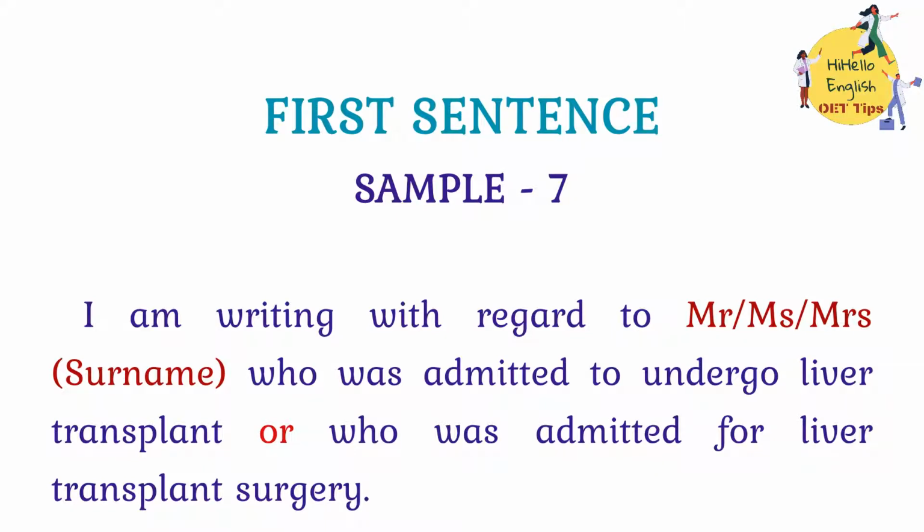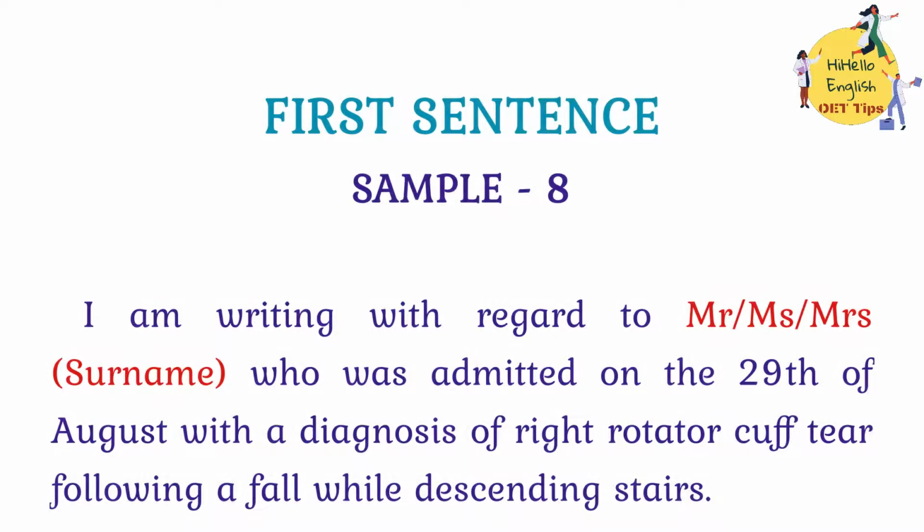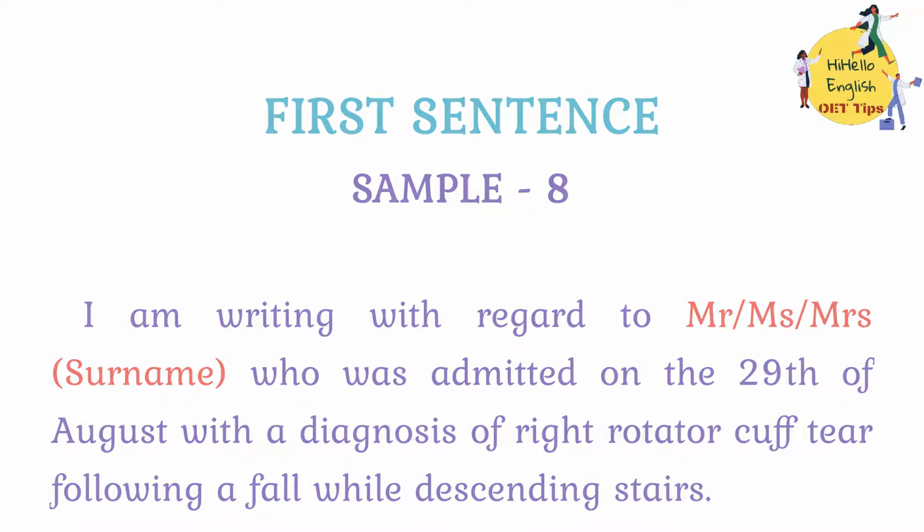In case it is required to tell about the reason for admission in the introductory paragraph, you can begin like, I'm writing with regard to Mr., Miss, Mrs., then the surname comes, who was admitted on the 29th of August with a diagnosis of right rotator cuff tear following a fall while descending stairs.